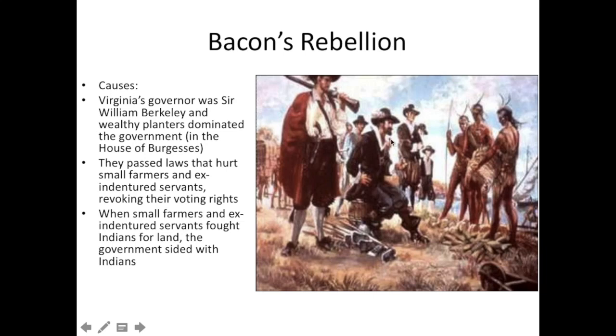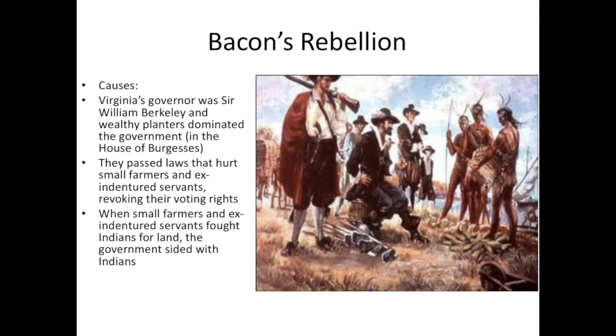The wealthy planter class wanted to maintain this friendly trade relationship with the Native Americans, and if the House of Burgesses passed a law or sent troops to go fight against the Native Americans, then the wealthy planters wouldn't make money trading with the Native Americans anymore. So basically, the wealthy planters were turning their backs on their own people in order to keep trade with Native Americans.